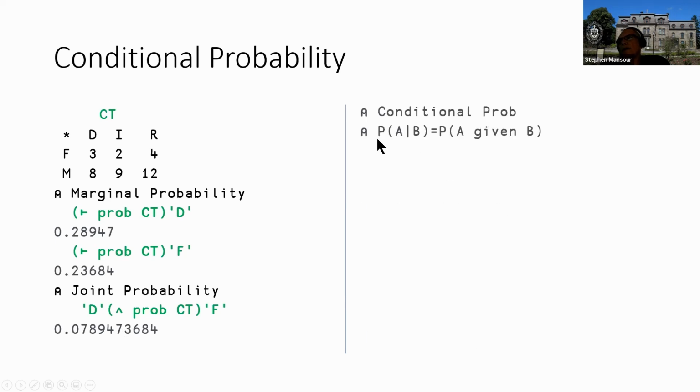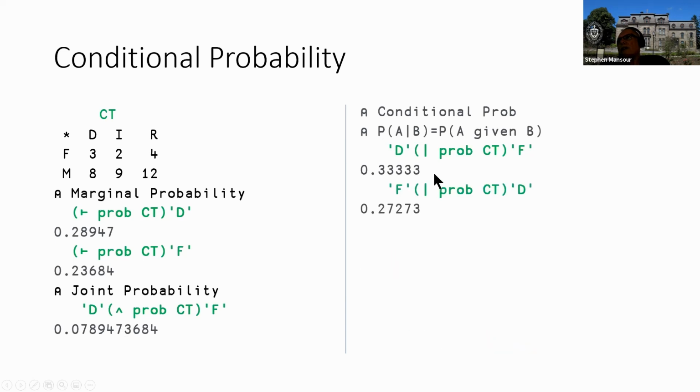Conditional probability is the probability of A given B. So what's the probability that a student is a Democrat, given that we know the student is female? That would be about 0.333, which is this joint probability divided by this probability here.